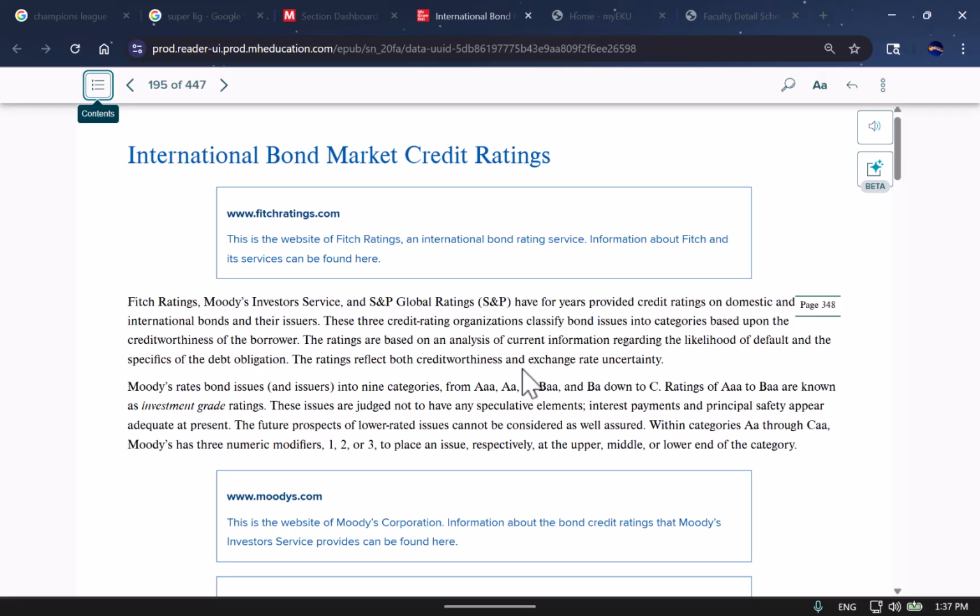I'm sure they're already thinking about the next version. So what rating am I going to get? Well, that depends upon the so-called sovereign rating. In international bond markets, corporate ratings are always either at the same level or slightly less than the sovereign rating.